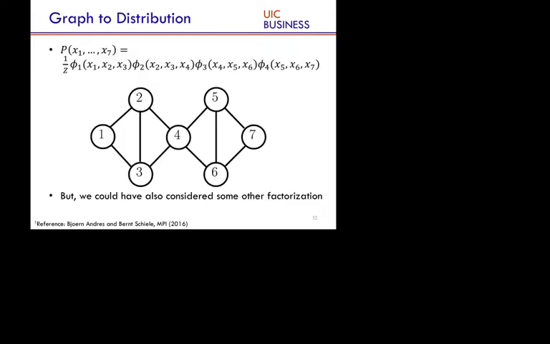For the graph that we are seeing in the previous couple of slides, if we focus only on the maximal cliques, do you remember what is called a maximal clique? A maximal clique is a clique where if you add one more node from the rest of the graph, it stops being a clique. So the subgraph is kind of maximal in that sense.